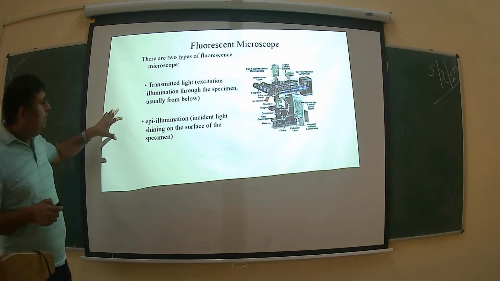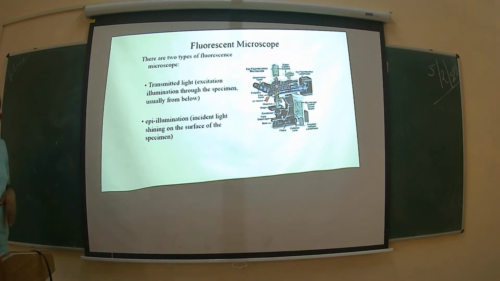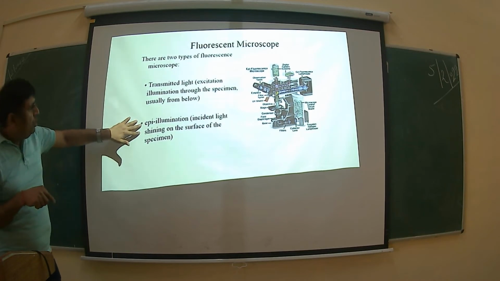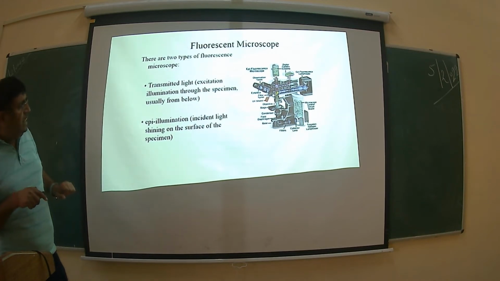The next thing is the fluorescent microscope. These days fluorescent microscopes are of two different types: one is transmitted light, and one is EPI illumination. These days EPI illumination is much used in research. So what is EPI illumination, and what is transmitted light?